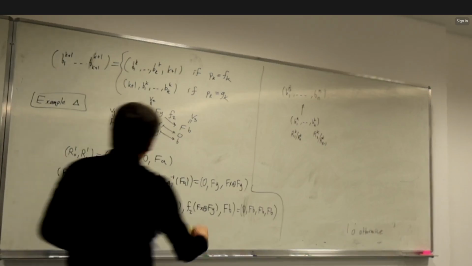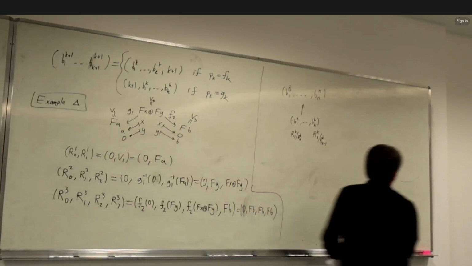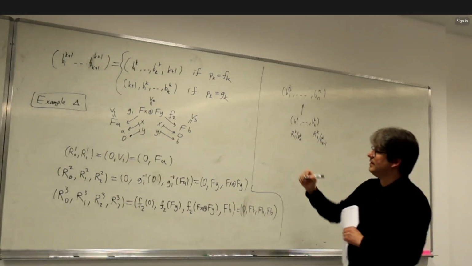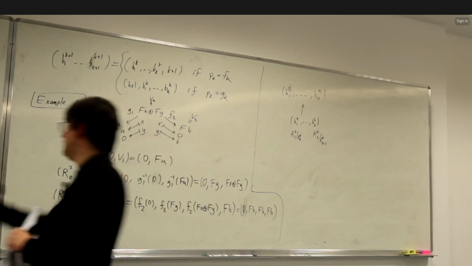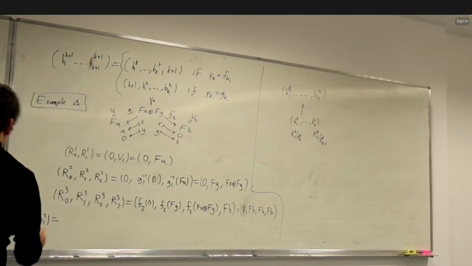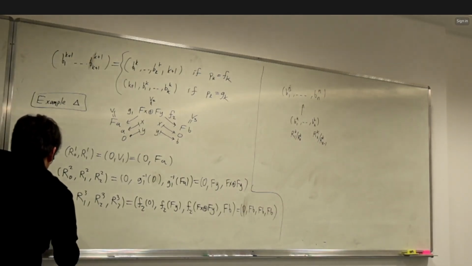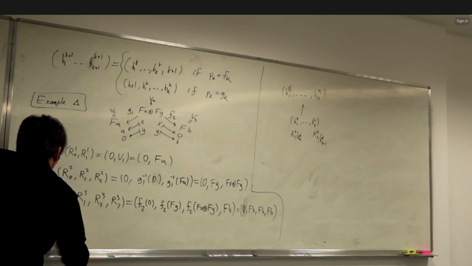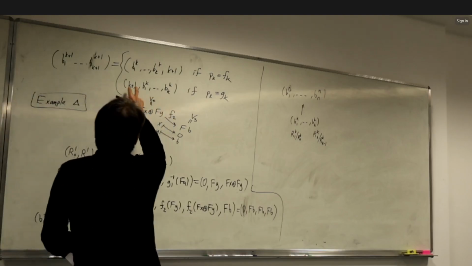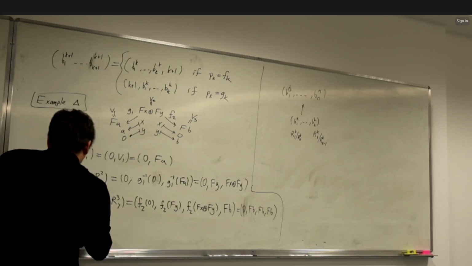Okay, let me continue with the example triangle. So for example, in this case, let's also calculate the b's. Sorry, b12 is what? So b1 to b22. Yes, the first map is a G. So you put k plus 1 here, so this is 2, 1.